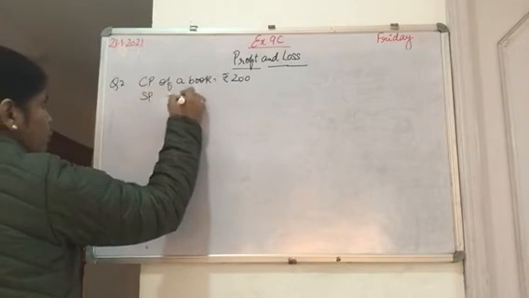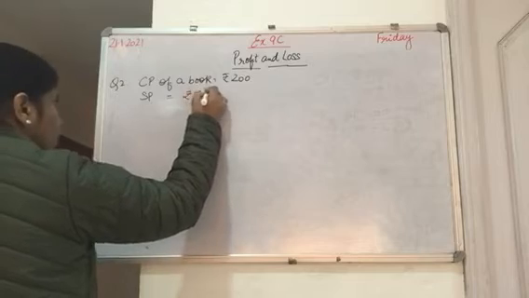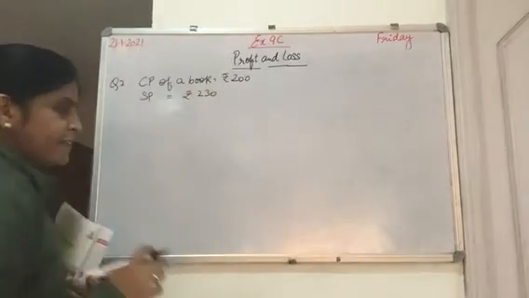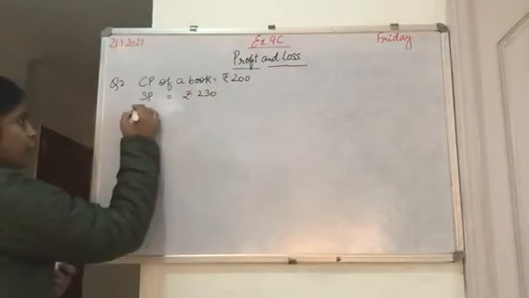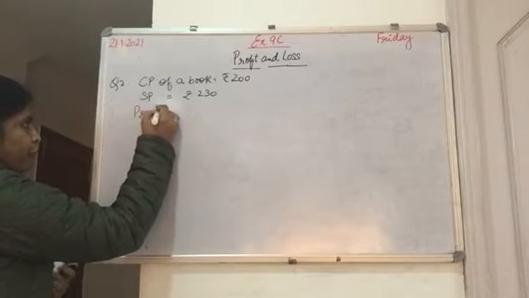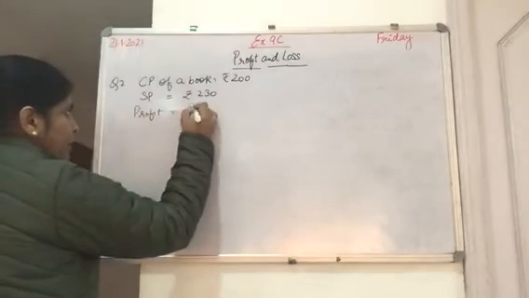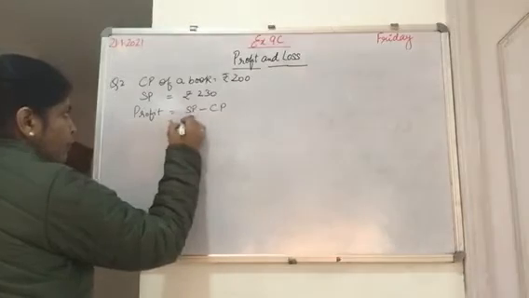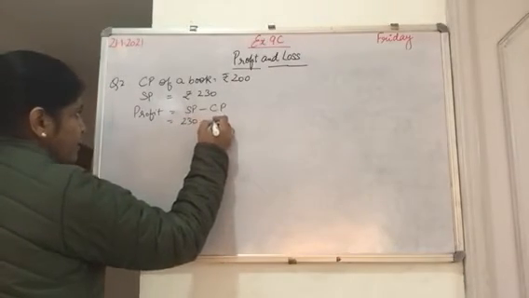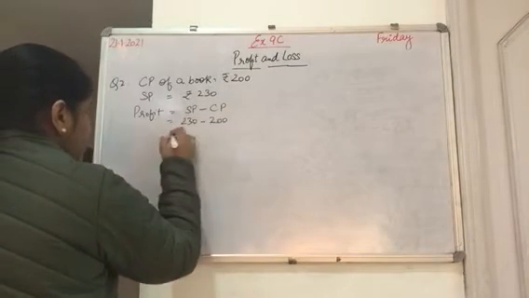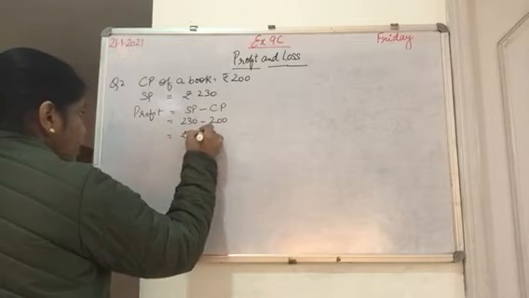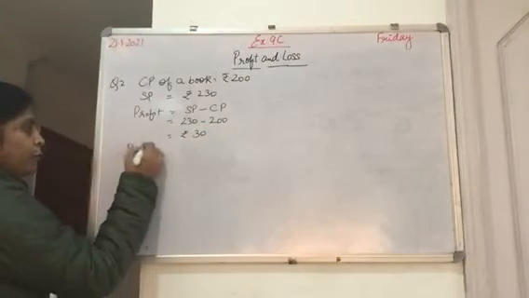Selling price equals rupees 230. Now you can see that the selling price is greater, so it will be a profit. So profit is SP minus CP, the difference between cost price and selling price: rupees 30.